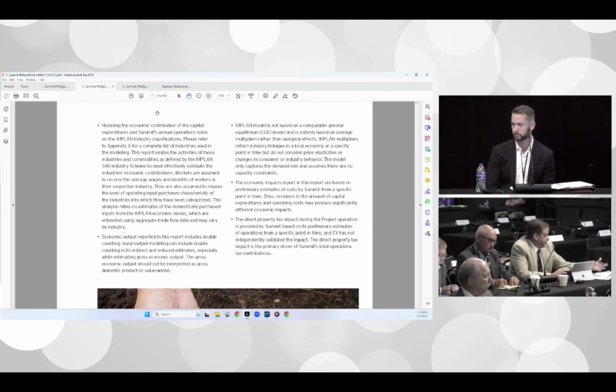Is there any mechanism after this proceeding to verify whether these predicted effects are actually realized afterwards?